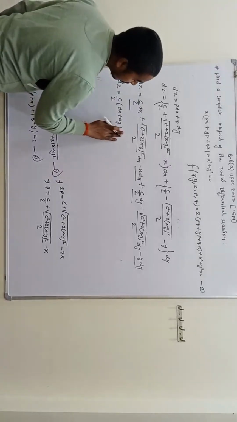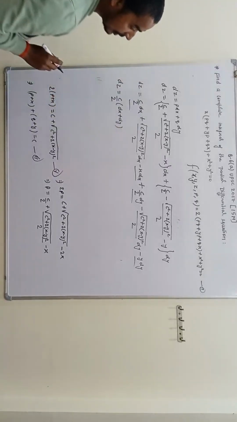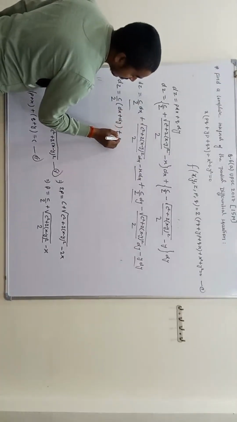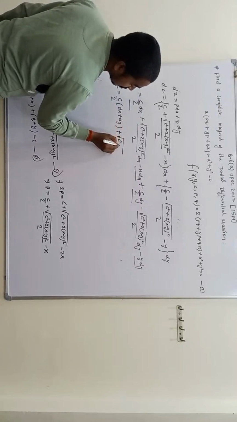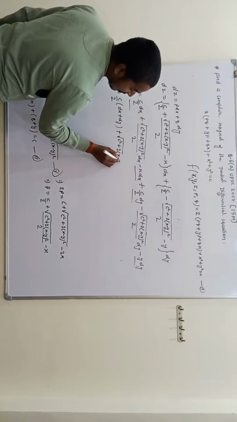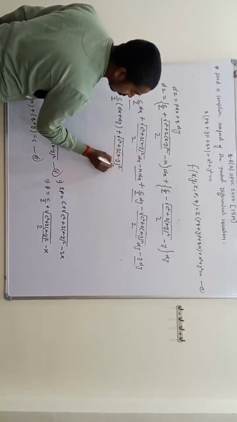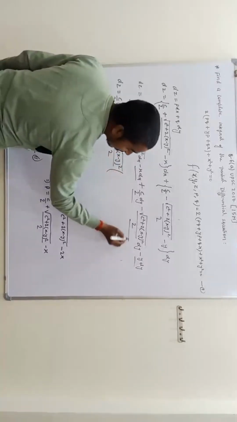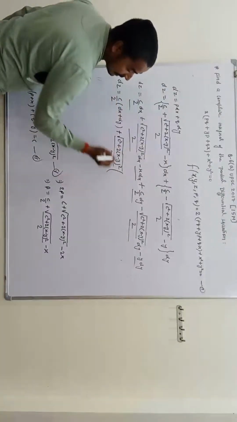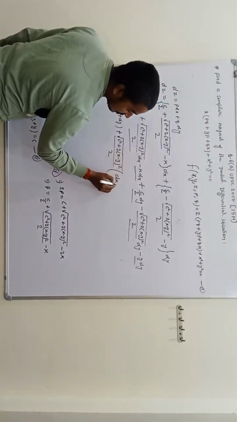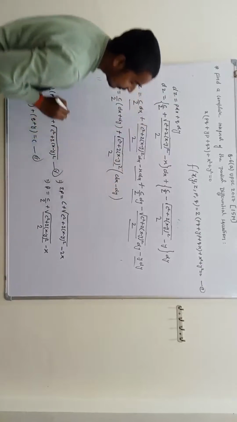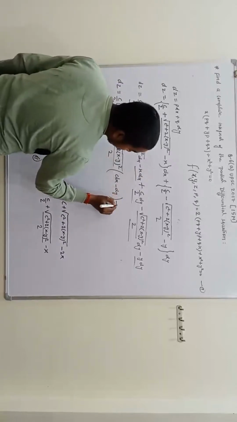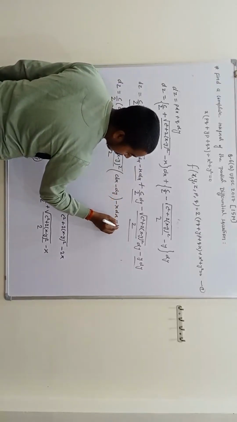Once again we have to take common from here, that is plus of under root c square plus 2x minus y whole square upon 2, taking this function and this function in one bracket, and the remaining is dx minus of dy, and further we also write, that is minus of x dx and minus of y dy.